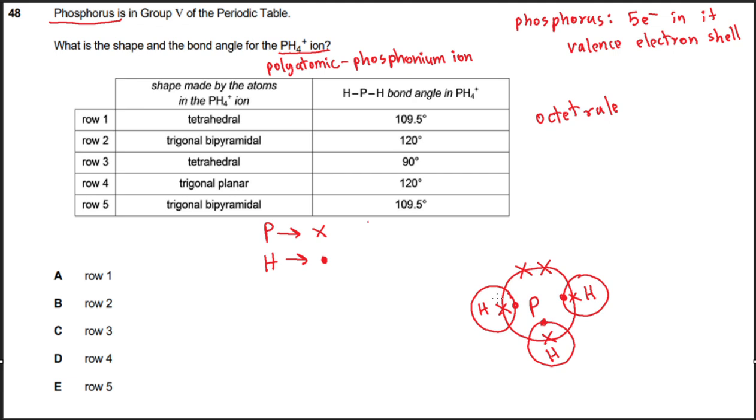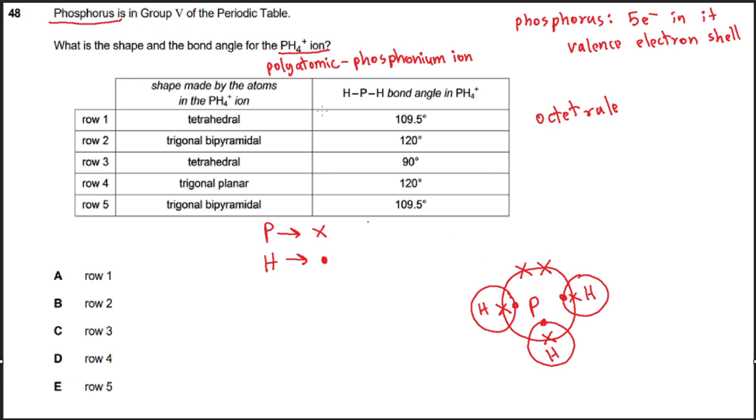Basically it has 5 electrons in its valence electron shell, and these 3 hydrogens contributed 1 electron each. So 3 plus 5 gives 8 electrons in the valence shell. This means it has completed its octet.